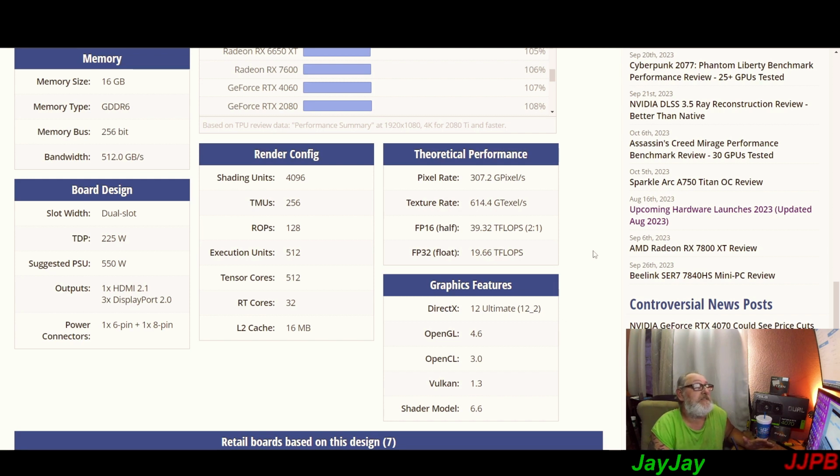Okay, this would be closer to an NVIDIA card, but it doesn't have the CUDA cores, but it does have the other two cores. But the TDP is 25 watts higher than the RTX 4070.